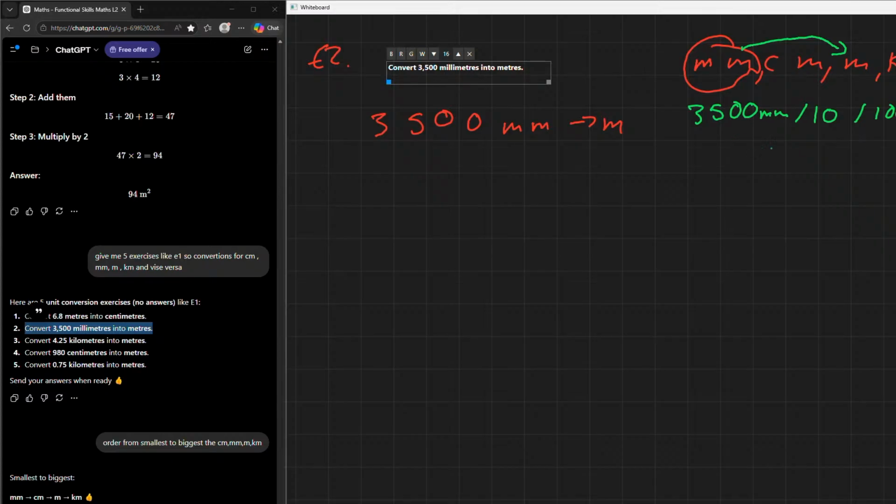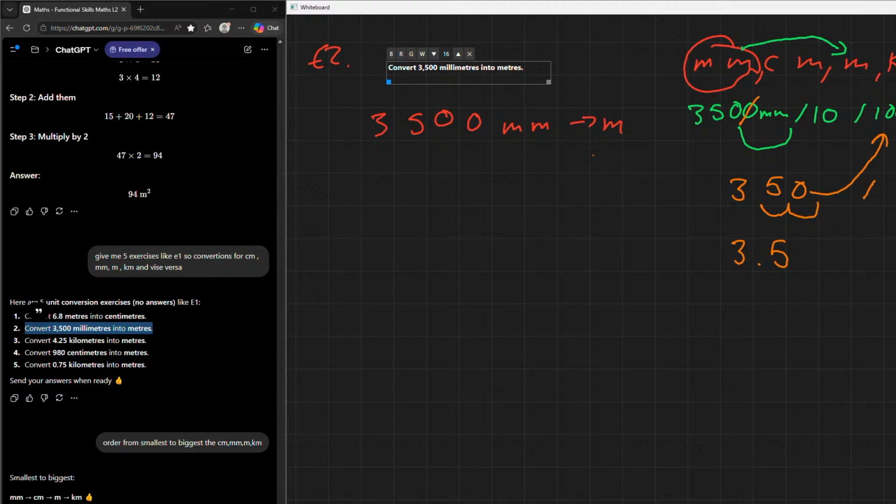So first we're going to do this, which is divide by 10, it's gonna be one zero less, so 350. Then now we're going to divide by the 100, and then we take 1 and then 2, so it's going to be 3.5 meters, if I am correct.